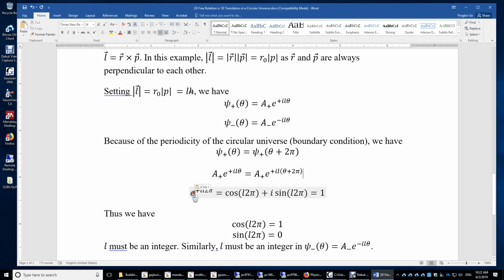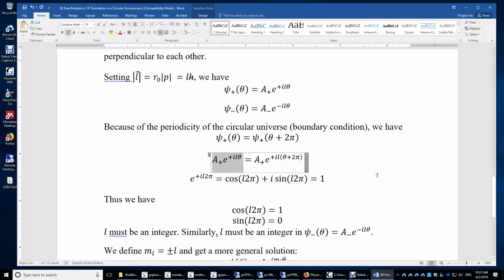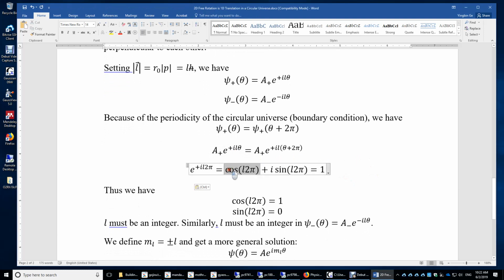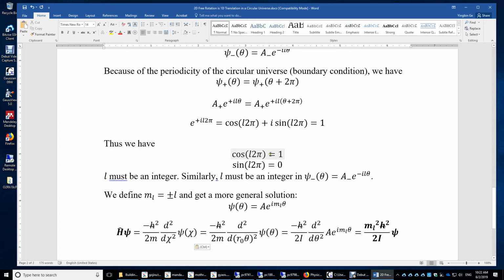Therefore, e to the power of i times L times 2π equals 1, if we divide both sides by simply this A times e to the power of plus iLθ. And then we have to solve this equation. This is very easy. We know the real part is 1, the imaginary part is 0.